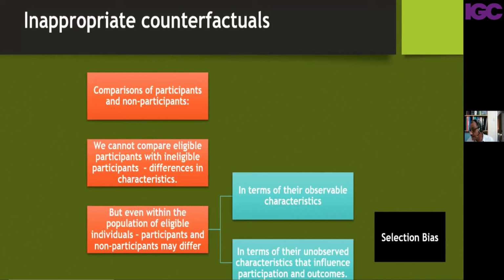And this difference between participants and non-participants in terms of observed and unobservable characteristics is what leads to what we call selection bias. Selection bias implies that a simple comparison of participants and non-participants will not give you a reliable or robust indicator of the impact of the program.